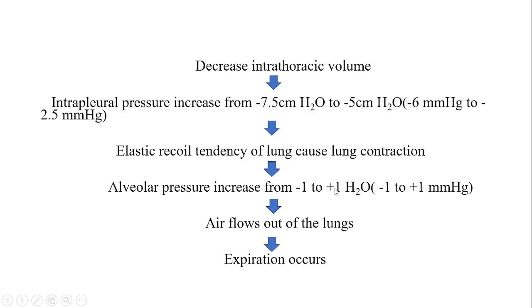How much increase? +1. That means if the atmospheric pressure is 756 millimeter of mercury, the alveolar pressure during quiet expiration will be 757 millimeter of mercury. Okay, there will be a +1 difference. As the air always goes out from the high pressure area to the low pressure area, the air will go out of the alveoli to the environment, and expiration will take place.